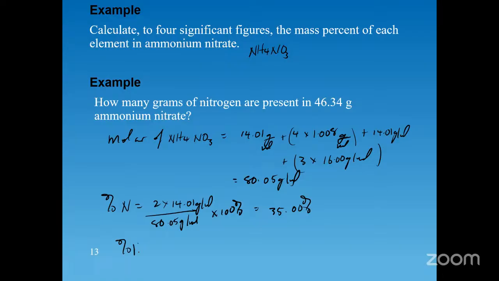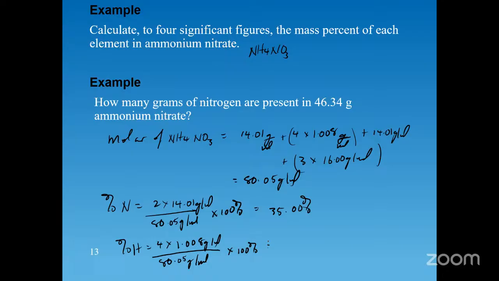And then we have a similar calculation for what's the next element? Hydrogen. So that would be 4 times 1.008 grams per mole divided by 80.05 grams per mole times 100%.